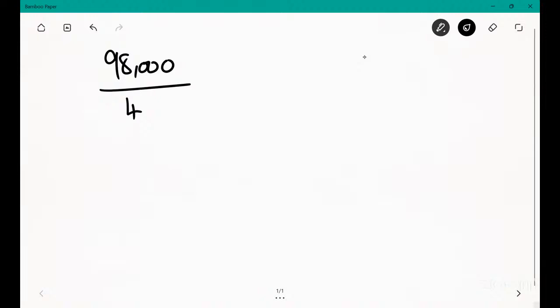The amount put in is 98,000. The amount of a share is 40 rupees. So we can cancel this. 9,800 divided by 4 is equal to 2,450. So he got 2,450 shares.